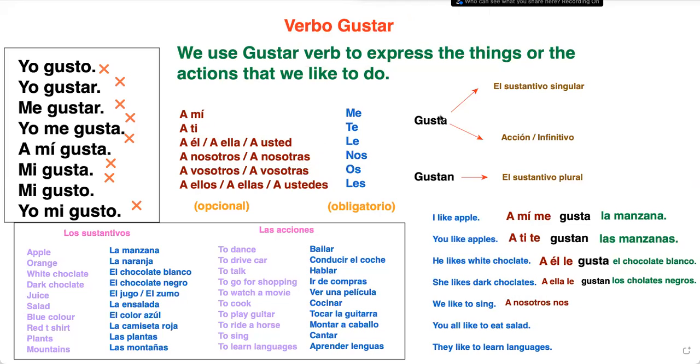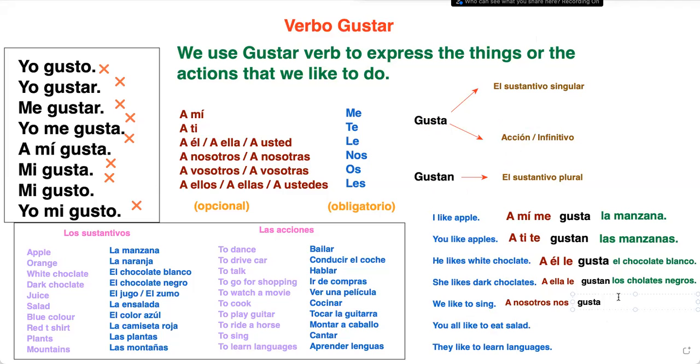So we have again two possibilities. Either I will use gusta or gustan. Do you have any object, singular, plural? No. To sing is an action. It's not an object. So what will I use for an action? I'll use gusta.